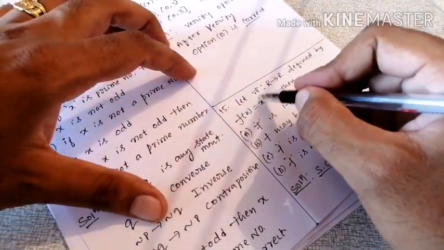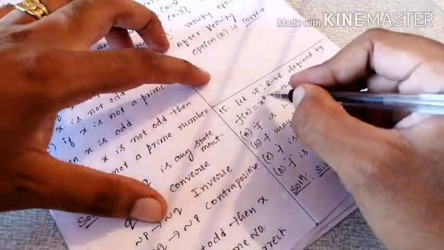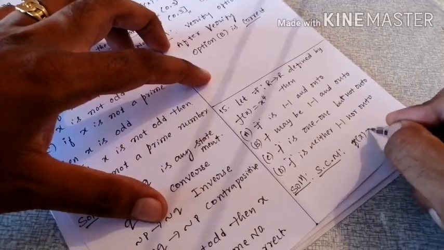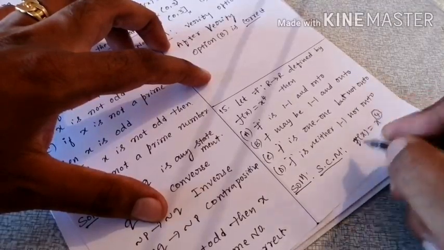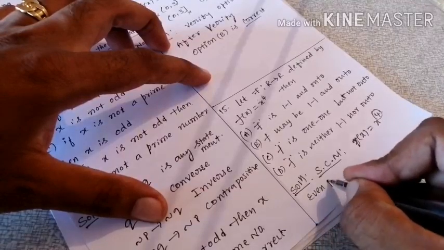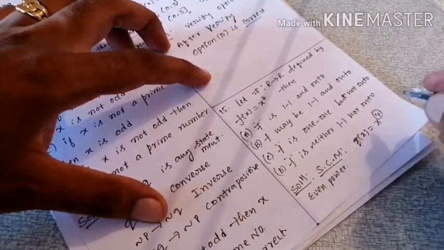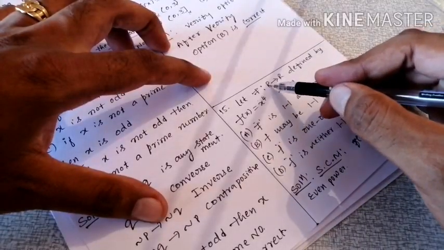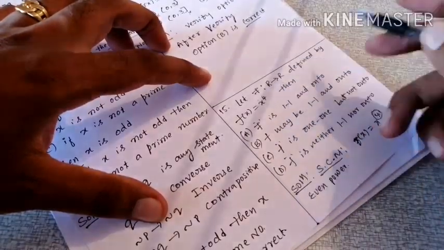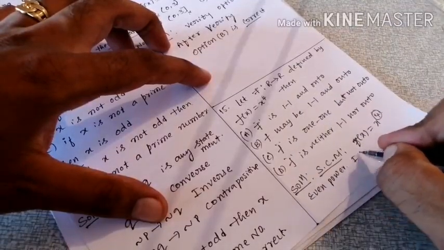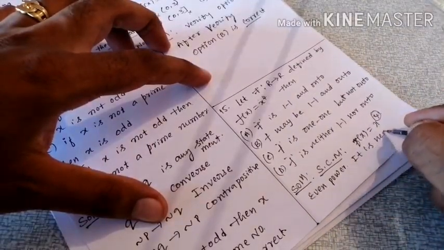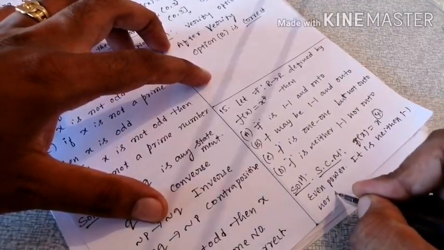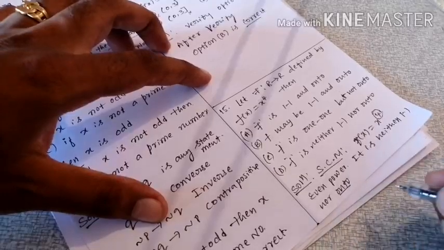If your algebraic function has even powers, it is both one-one and onto only if your set is N to N. For any other numbers, it is neither one-one nor onto. This is a shortcut technique.